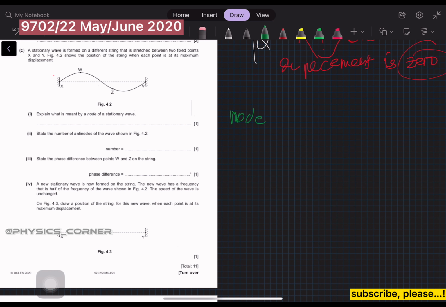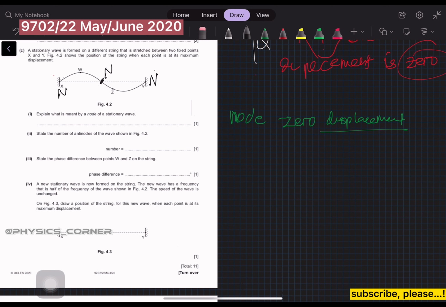Why? Because on this position, this is a node, this is also a node, this is a node also, at position X, this point and this point. The Y is also a node.